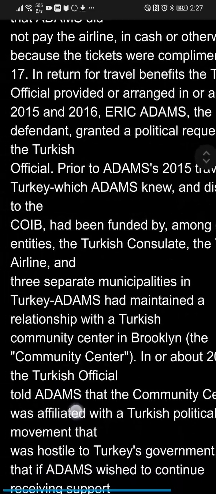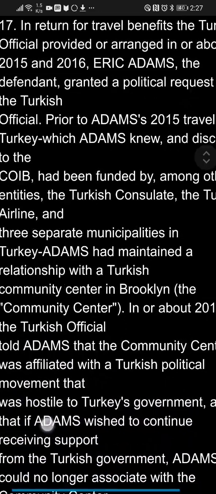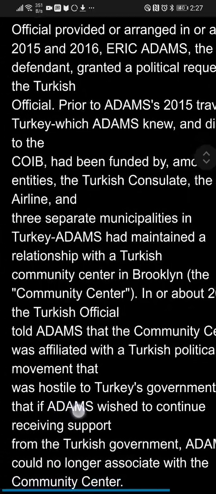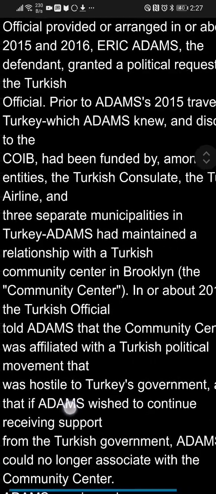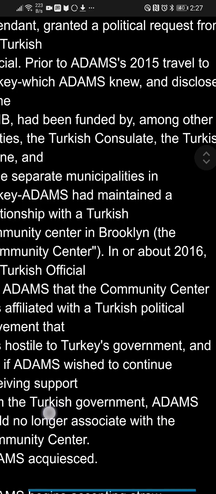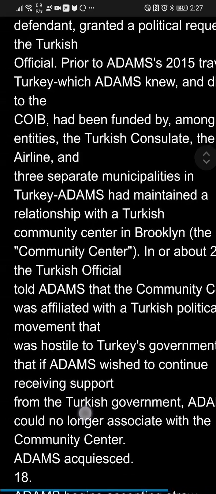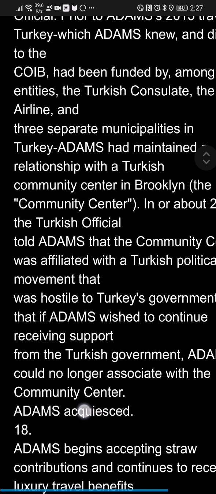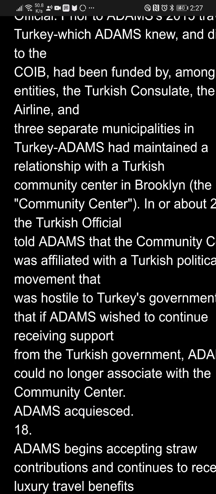In or about 2016, the Turkish official told Adams that the community center was affiliated with a Turkish political movement that was hostile to Turkey's government, and that if Adams wished to continue receiving support from the Turkish government, Adams should no longer associate with the community center.